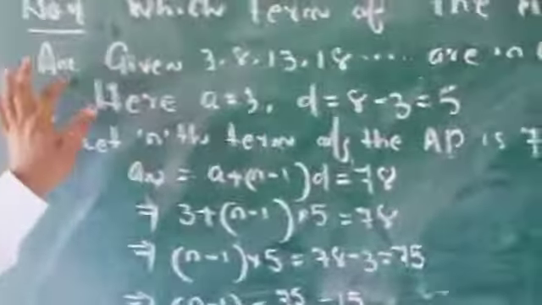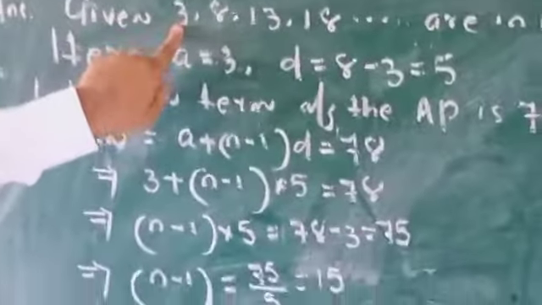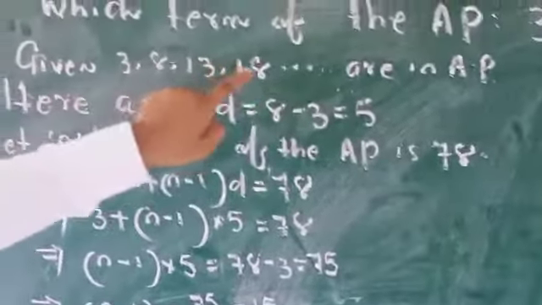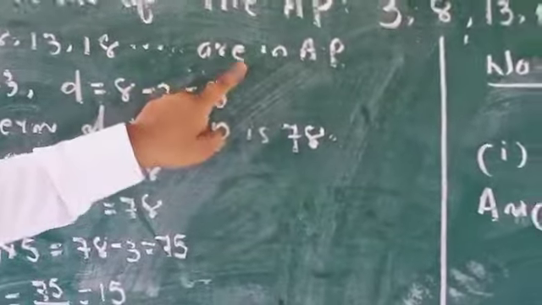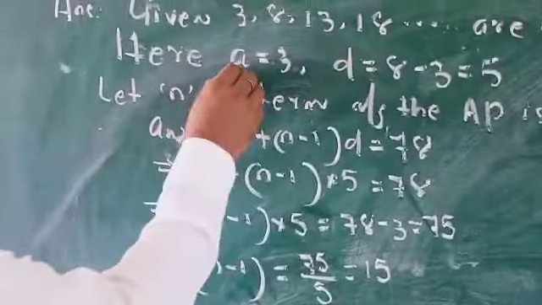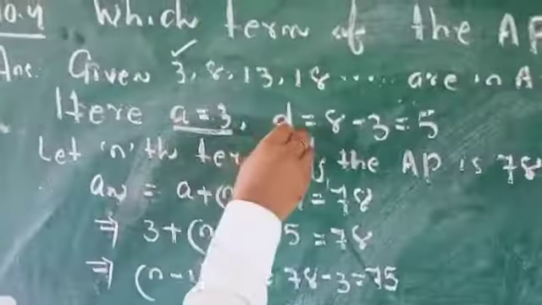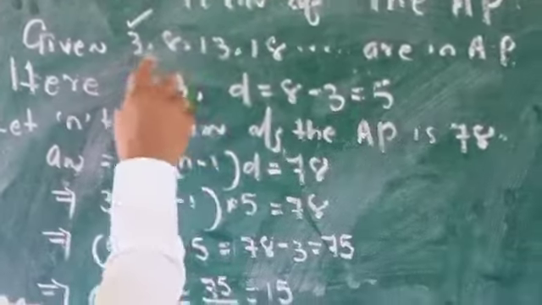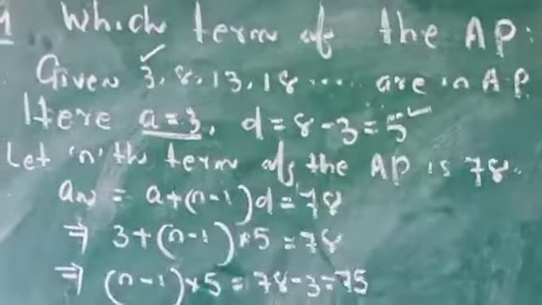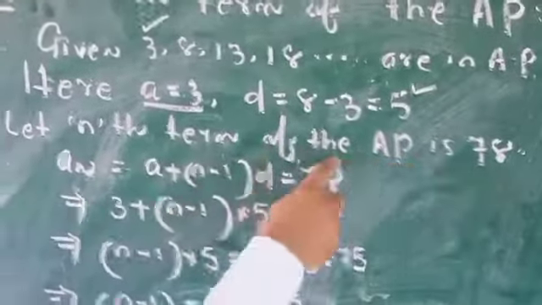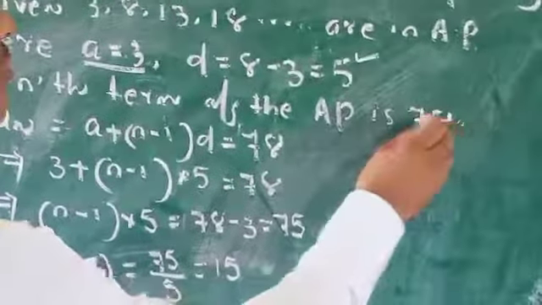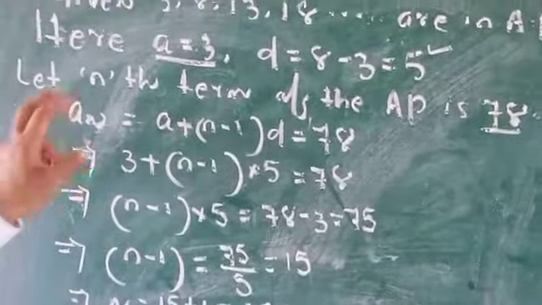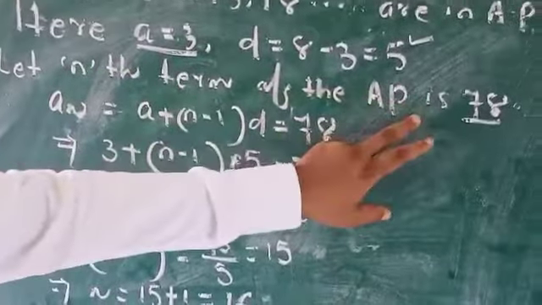You see the answer. Given 3, 8, 13, 18 are in AP, already given. Here A is equal to 3, the first term, D is equal to second minus first, 8 minus 3 is equal to 5. Let the nth term of the AP be 78.